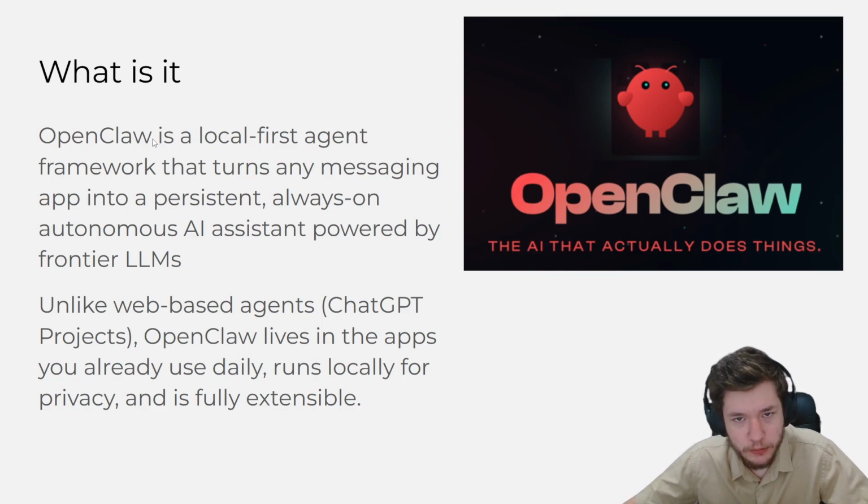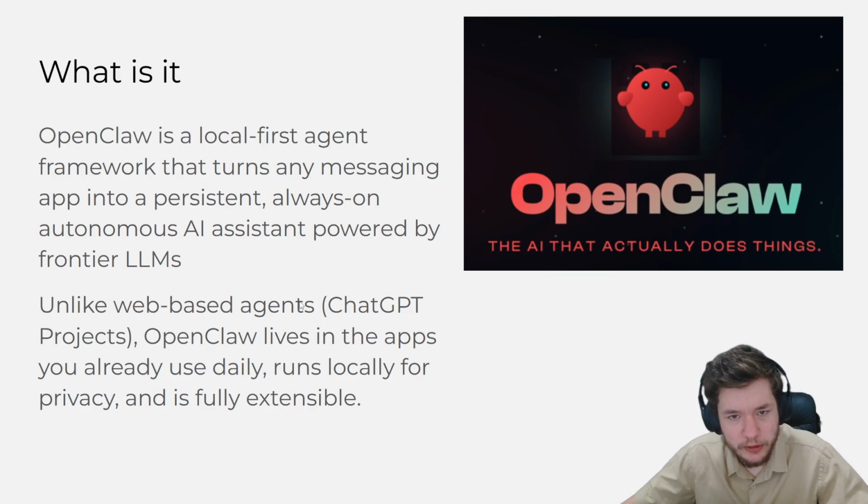It is a local first agent that turns any message app that we actually use, so Slack and Telegram, just like I said before, into a persistent, always-on autonomous AI assistant powered by frontier LLMs. So you can connect any LLM you want, from Claude or OpenAI, Grok, anything like that.